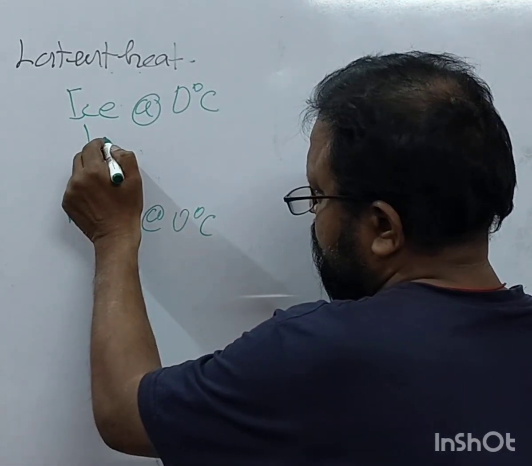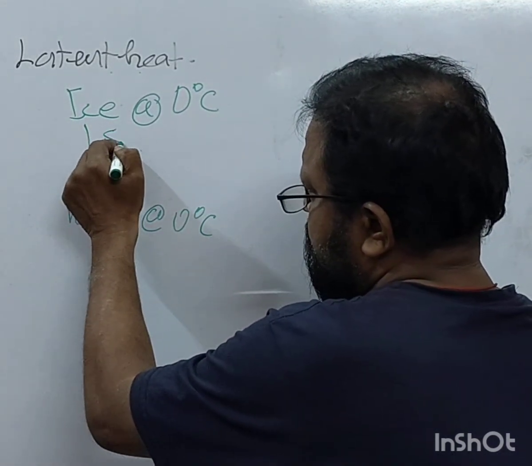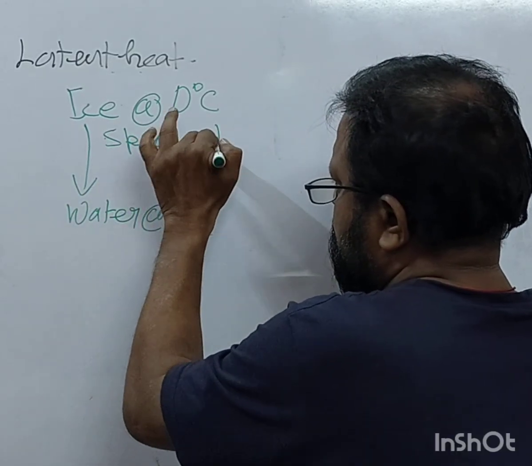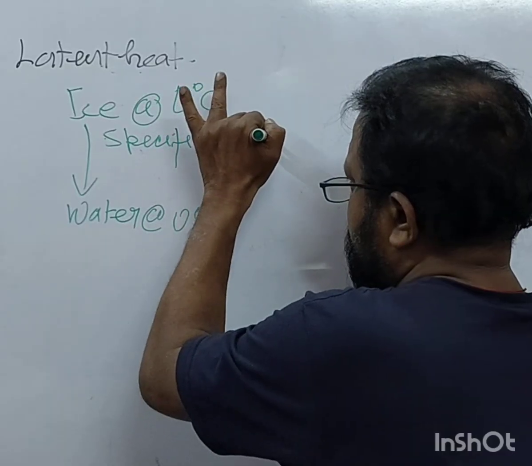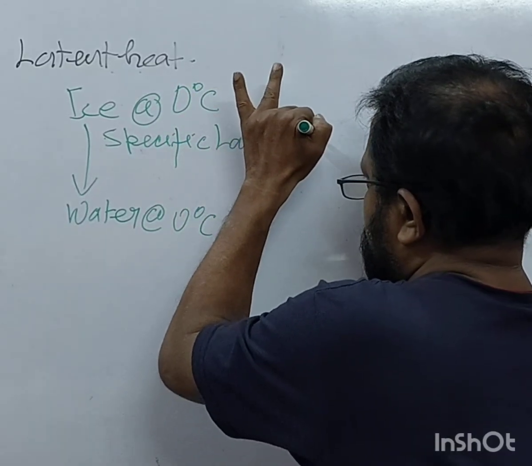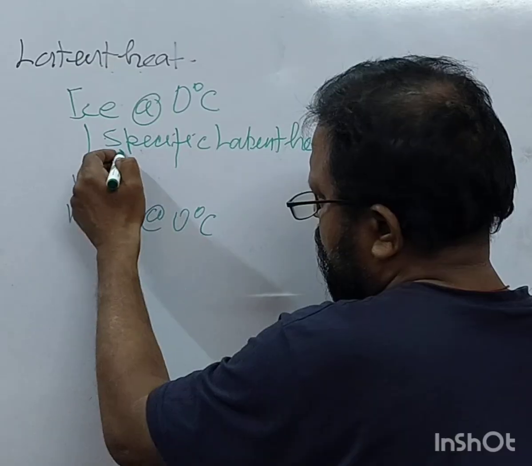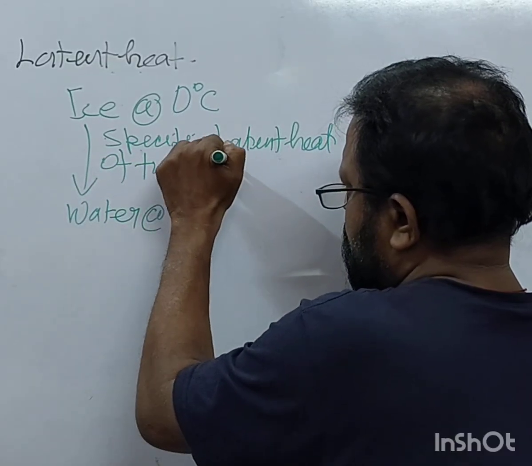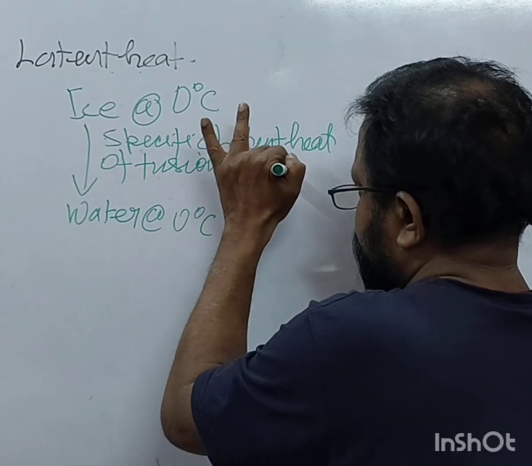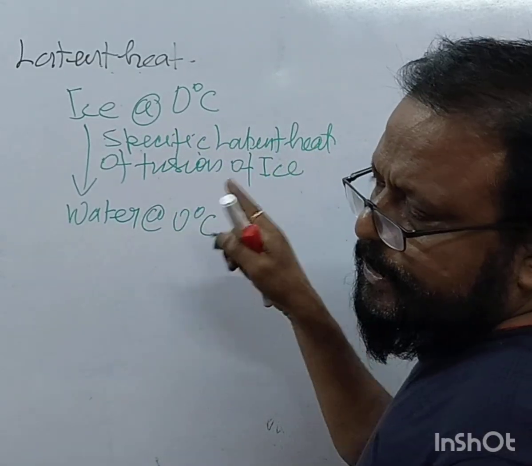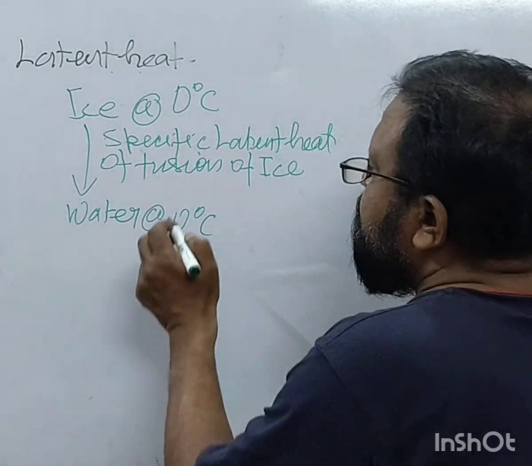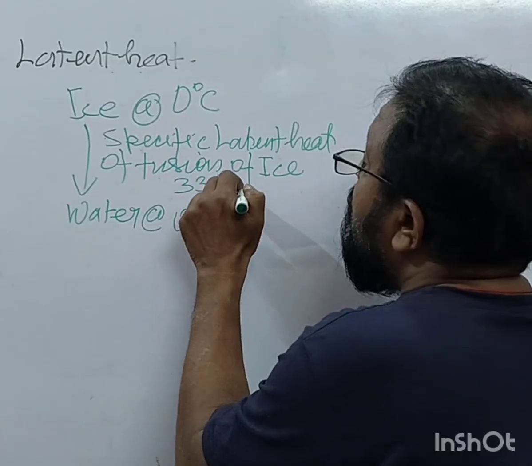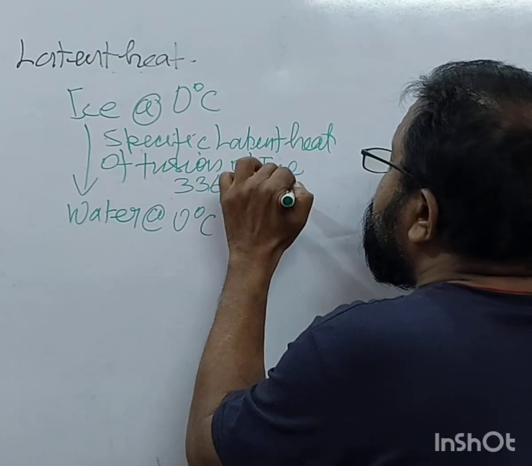So the specific latent heat of fusion of ice is 336 joule per gram.